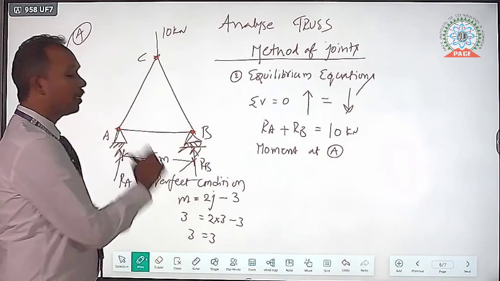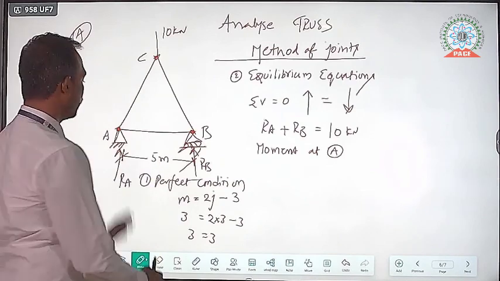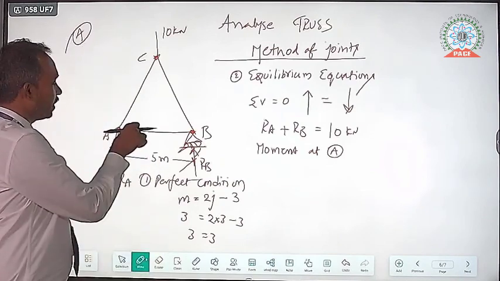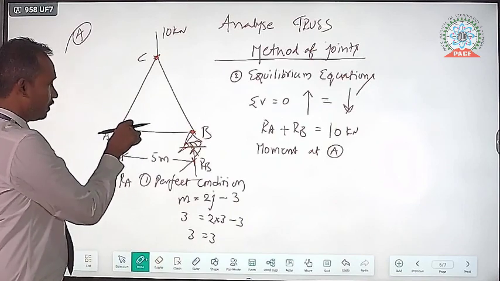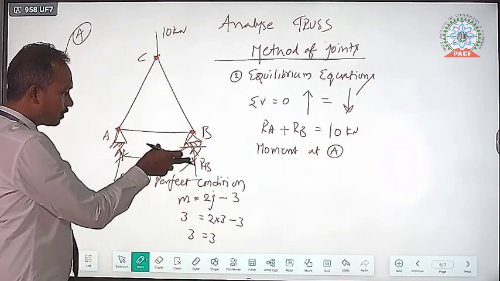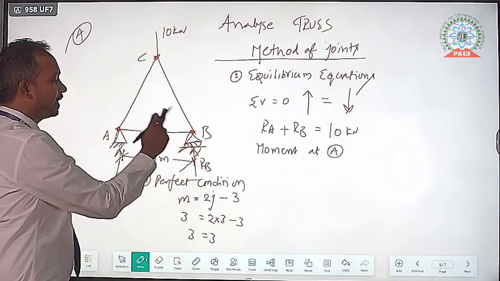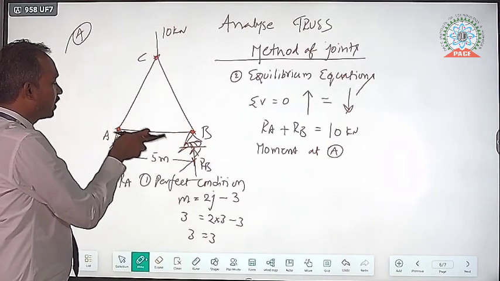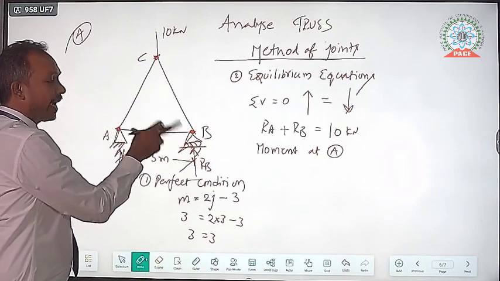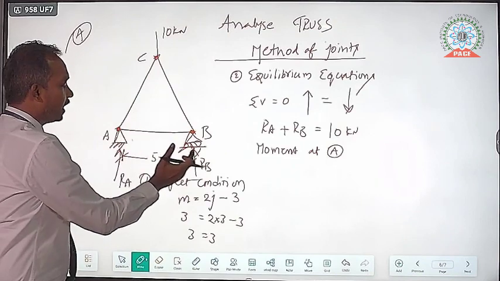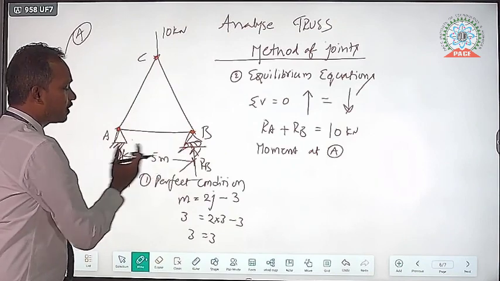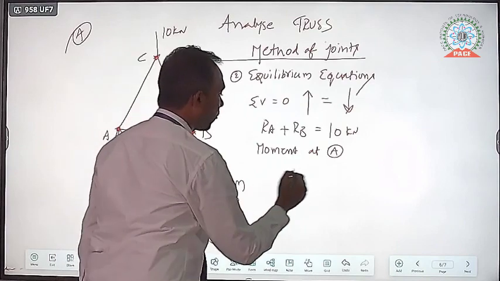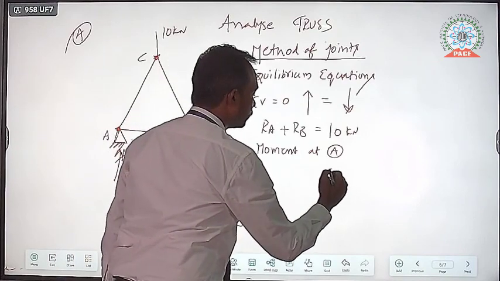If you consider the moments here, this is the moment center. RB acts in anti-clockwise direction, force times perpendicular distance, that is 5 meters, so RB into 5.